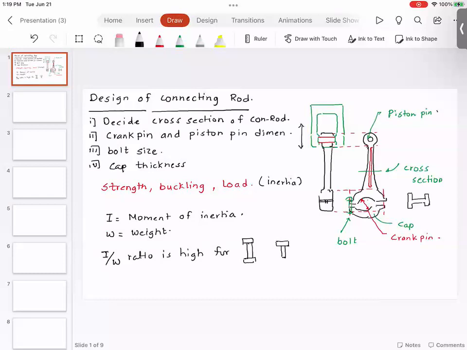So you would notice the connecting rods are usually designed using this particular type of section.